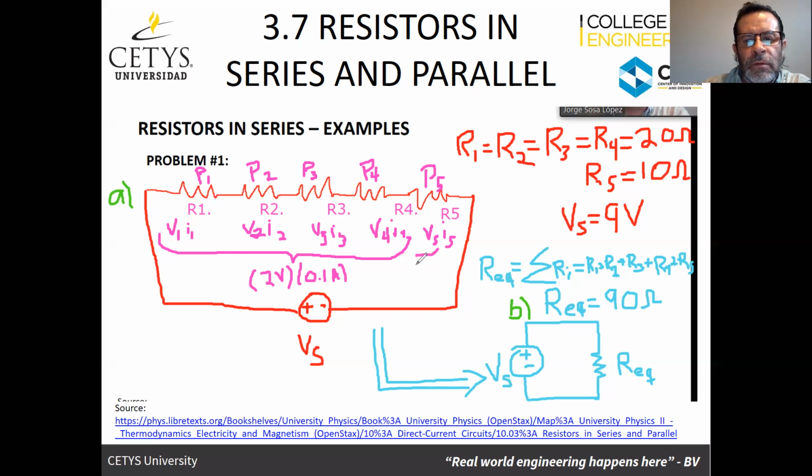And voltage 5 is going to be, what was voltage 5? Can somebody remember what was voltage 5? 1 volt. It was 9, no? Oh, no, yes, the resistor, yes. I thought you were saying the power one. We're going to go to the power source now. But yeah, it's 1 volt and it's 0.1 amp.